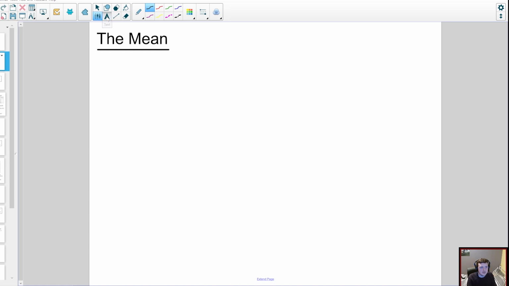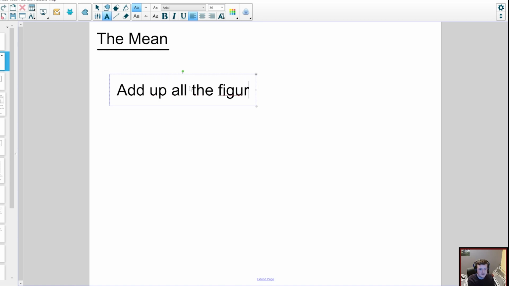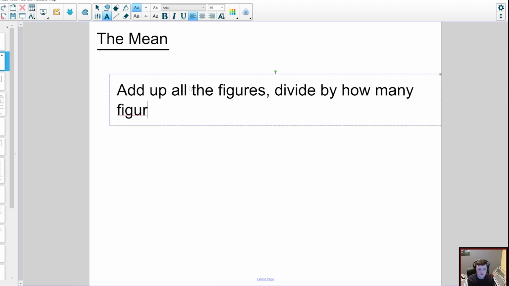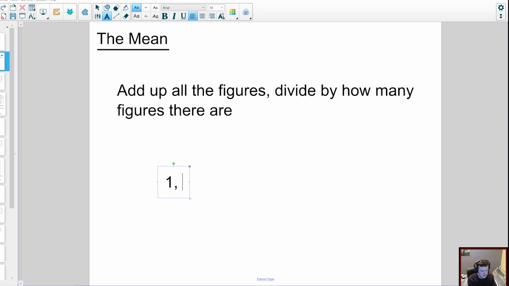What is the mean? Well, the mean is, with all averages, trying to get towards some sort of sensible middle point for our data. And so the method for doing the mean is add up all the figures, divide by how many figures there are. So just as a quick example, if I've got 1, 3, 4, 5 and 5, I'm going to add up all of these numbers.